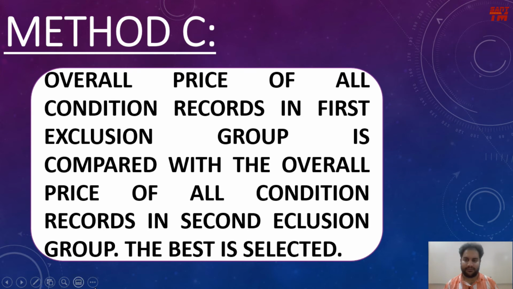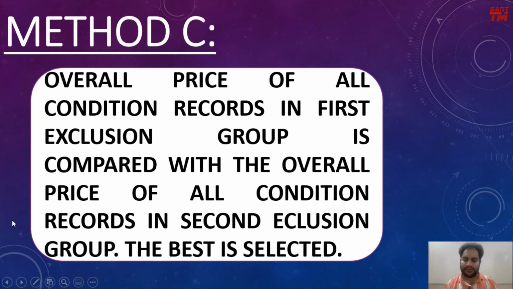That means now there would be two exclusion groups, and in those two exclusion groups we will put the condition types. Obviously those condition types will have condition records also. So the first exclusion group's overall price would be compared with the second exclusion group's overall price, and the exclusion group which is offering the better price would be selected and the other exclusion group would be deactivated.